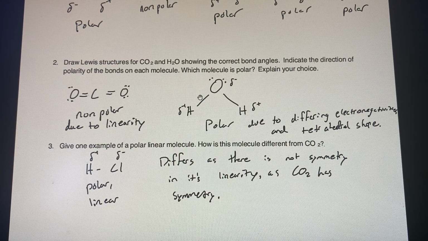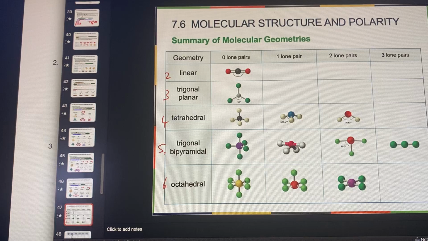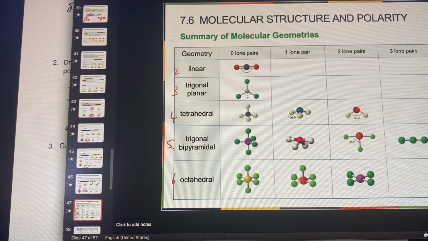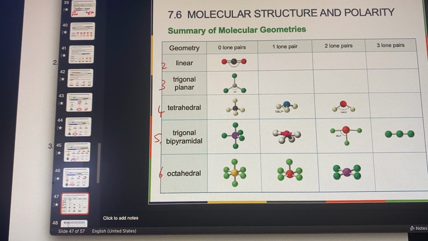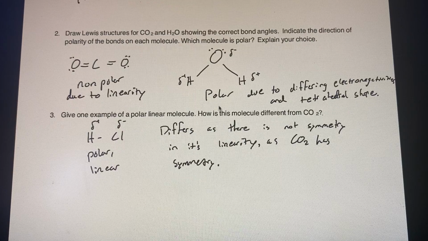Then we look at the dihydrogen monoxide, and we see that it is not linear due to our table of the number of lone pairs, which we'll be referring to later. We know that it is tetrahedral, and therefore it is polar due to the differing electronegativities in a tetrahedral shape. So the negative is towards the oxygen as it has the greater electronegativity.